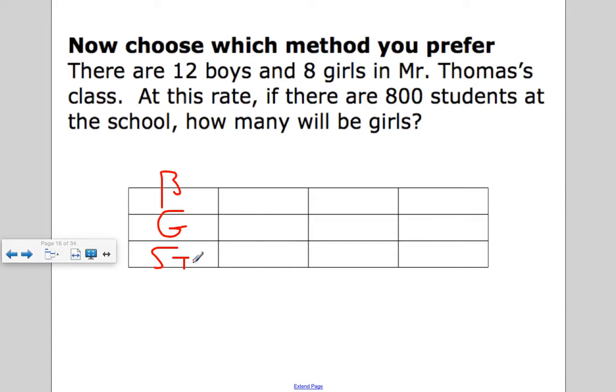So this question is about boys, girls, and students. How many boys are there? 12. How many girls are there? 8. How many students are in this class? 20. They want us to build it up to 800 students. Can 20 be built up to 800? Do you want to do a fast build of times 40, or a slow build?